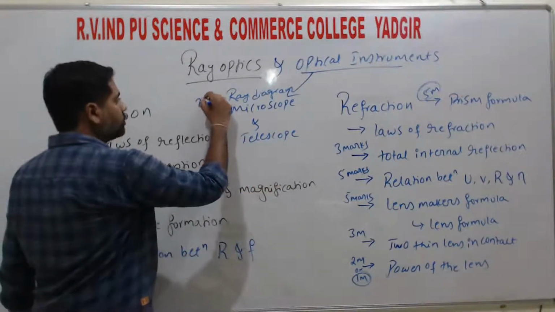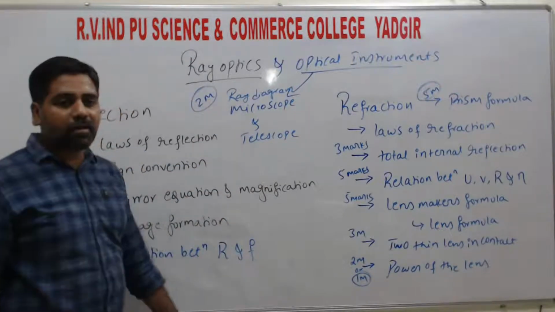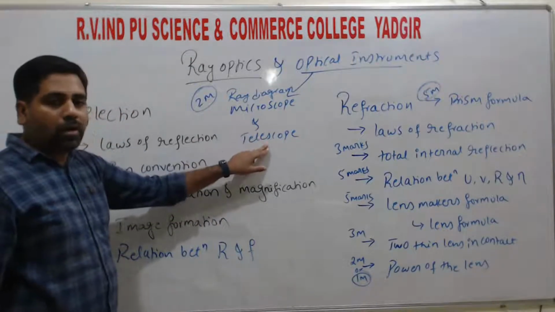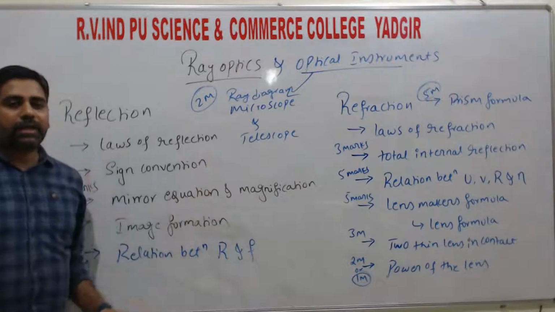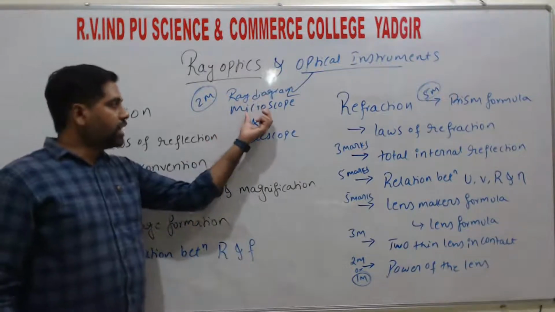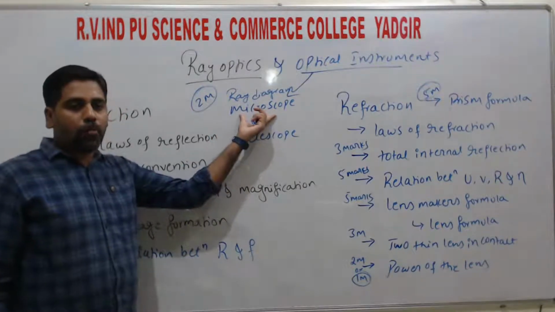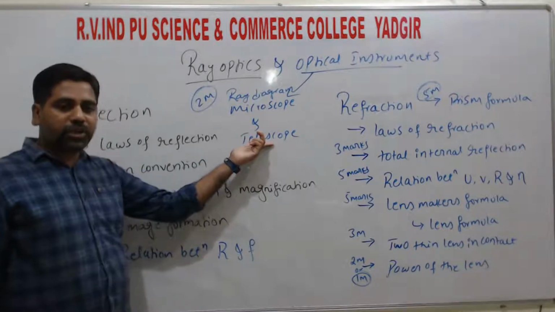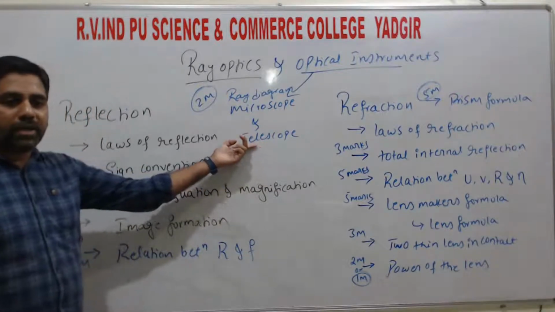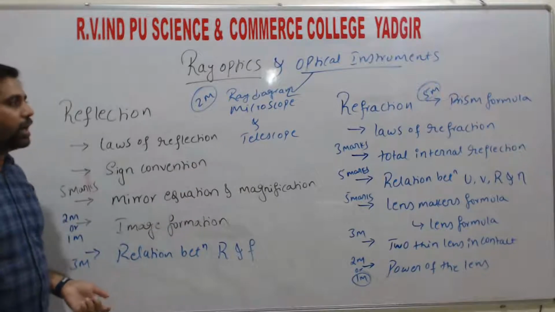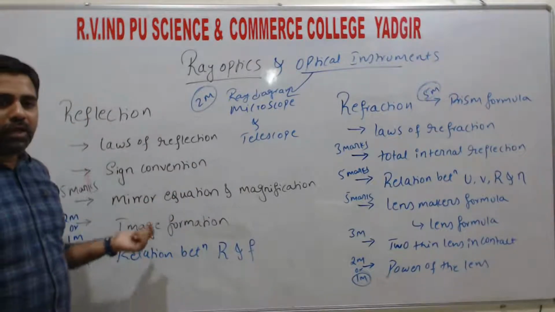Here they ask for 2 marks, the ray diagram of the microscope or the telescope. That is, they may ask the ray diagram of a simple microscope or compound microscope, or they may ask the expression for the magnification power of the telescope, right? So this is the overview of the chapter.